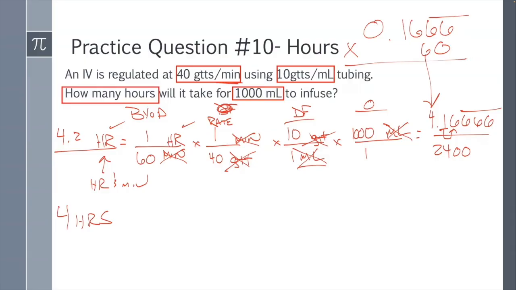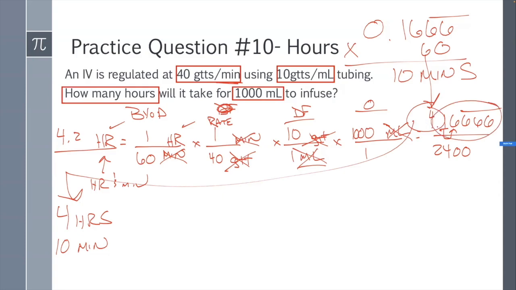If I take 0.1666666, repeating forever, times 60 in my calculator, that tells me it's going to be 10 minutes. That's all we did. So we had 4 hours, and then we took whatever was left over, 0.1666, multiplied that by 60, and that gave us 10 minutes. So that would be 4 hours and 10 minutes, or 4.2 hours, whichever way we want to solve that.